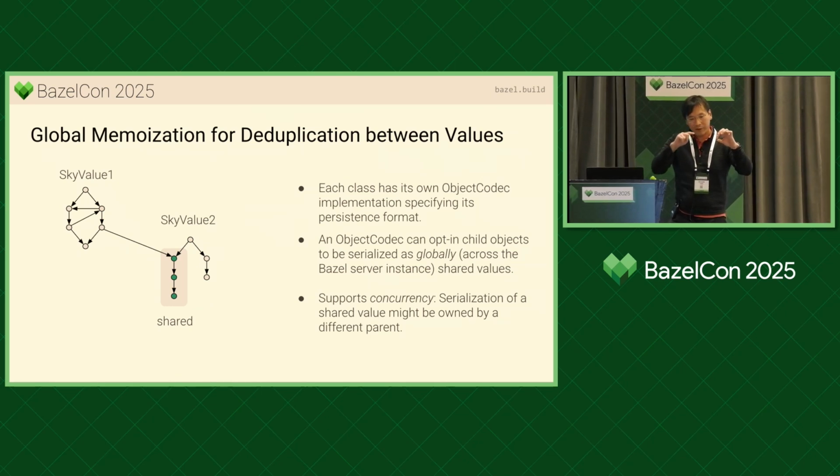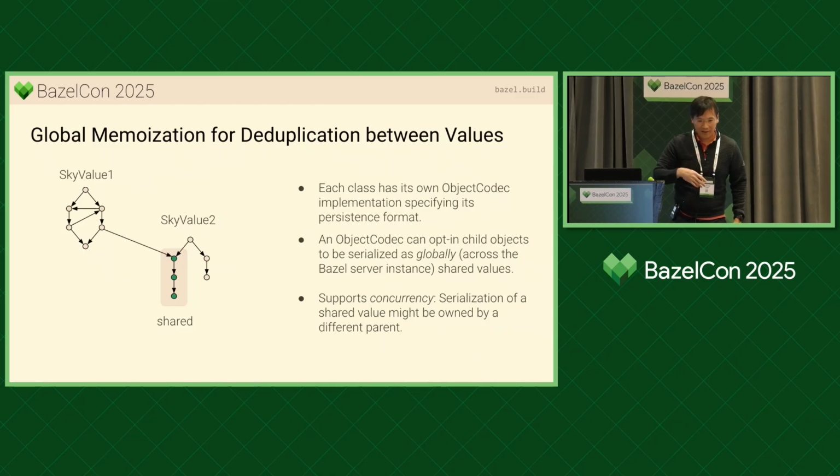If you encounter the same value again, then it goes in some memo table and it writes a back reference instead of repeating the object. This also solves cycles, right? But there's no concept of let's serialize value A and then serialize value B, and they share data, right? If you just naively serialize, you'll get two copies of the shared data.